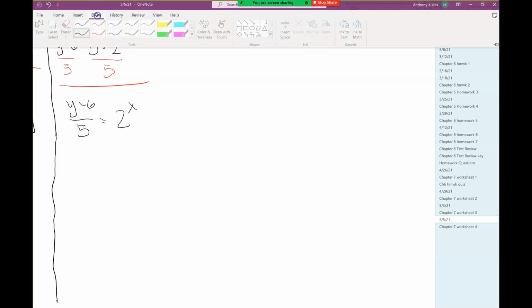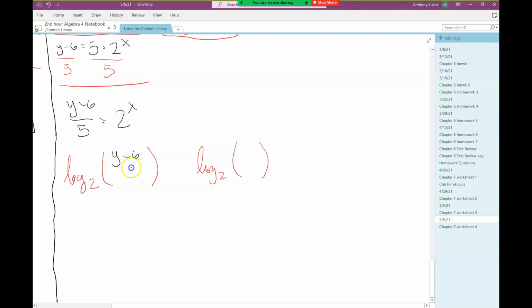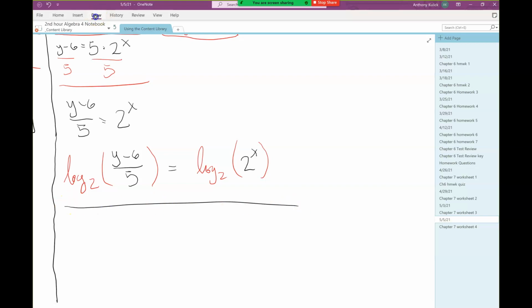Which logarithm are we going to use? I want the log with the same base as my exponential, so I want log base 2. Log base 2 cancels exponent base 2.